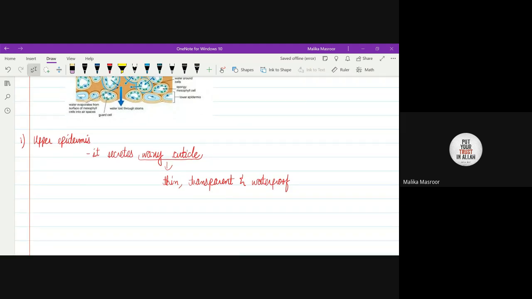It basically acts as a physical barrier. It prevents entry of pathogens.